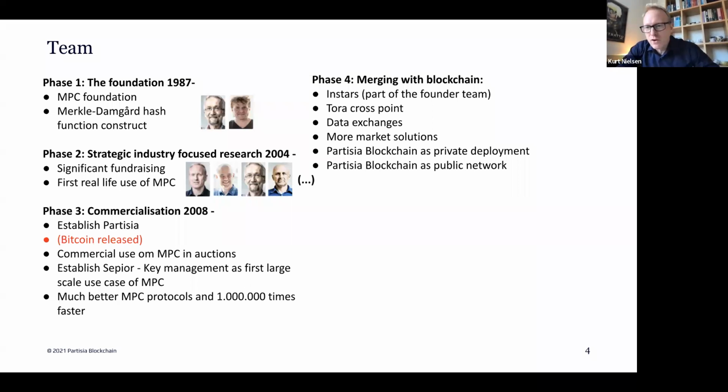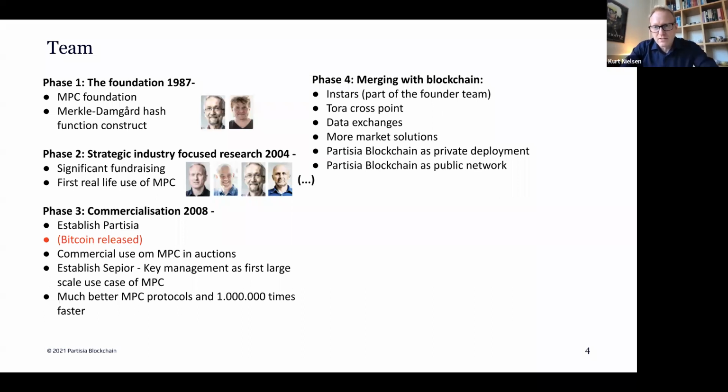In the beginning, we focused a lot on bringing this into auction solutions, basically replacing the auctioneer in sealed bid auctions. Along the way, we discovered the use case of key management, which turned out to be one of the first large scale uses of MPC.